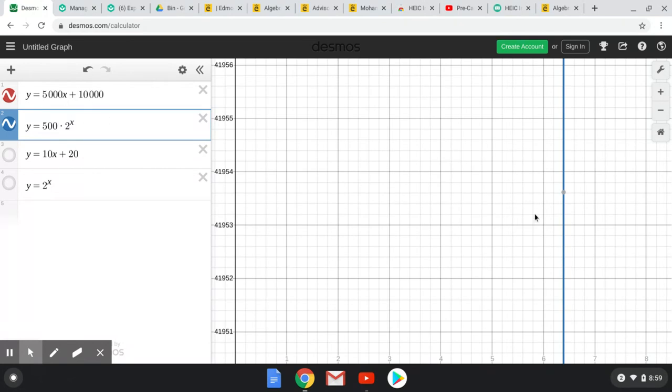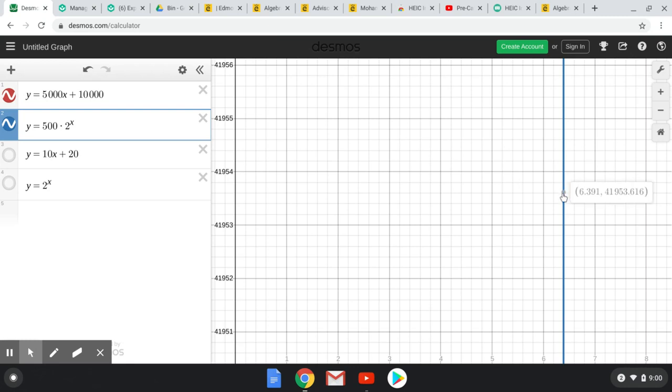And I've already found where they cross. The way Desmos works, you put in the equation, and if you click on the line, it will tell you where it crosses the x-axis, where it crosses the y-axis, and where it crosses other graphs. By tell you, I mean it will put a dot there, and if you hover over the dot, you can see that intersection point.